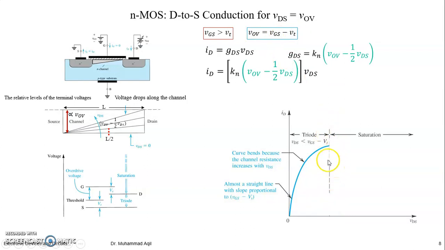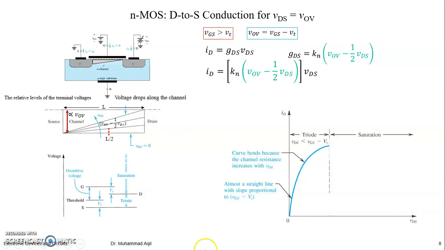At this point, what is happening? You can see the channel at the drain is just pinched. The channel depth has been reducing, but now it's pinched.